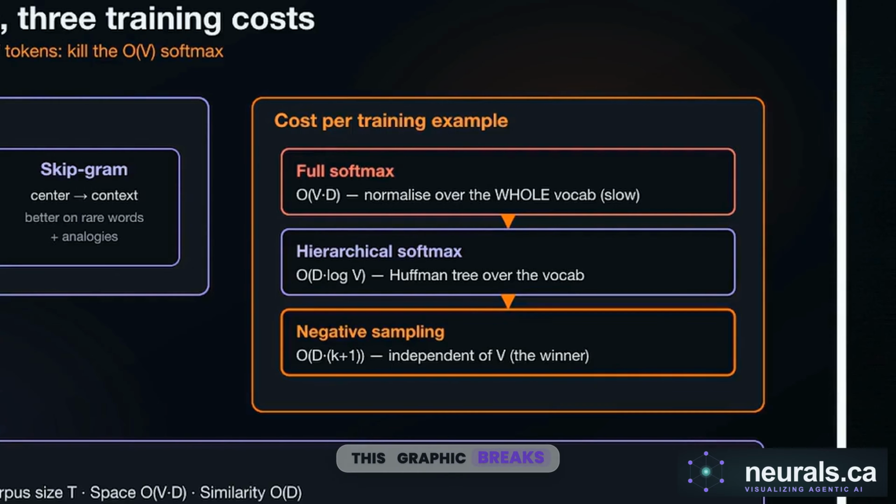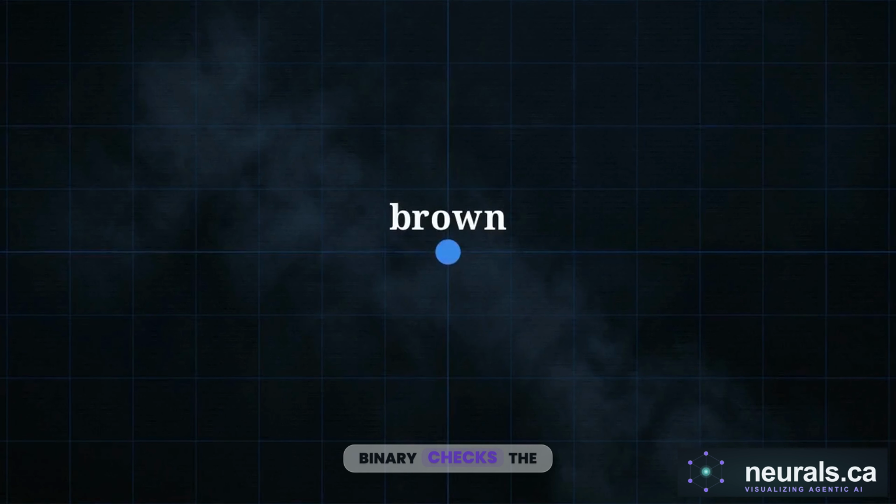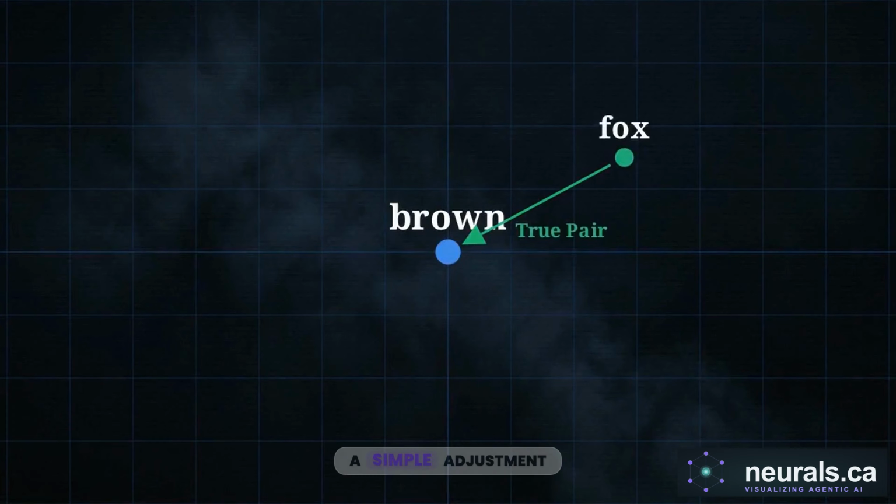This graphic breaks down the mathematical bottleneck. Scoring a word against a 50,000-word dictionary incurs a massive computational penalty. To bypass this, the creators introduced negative sampling, comparing the true context word against a tiny handful of random incorrect words, making training feasible. During these small binary checks, the training loop performs a simple adjustment.